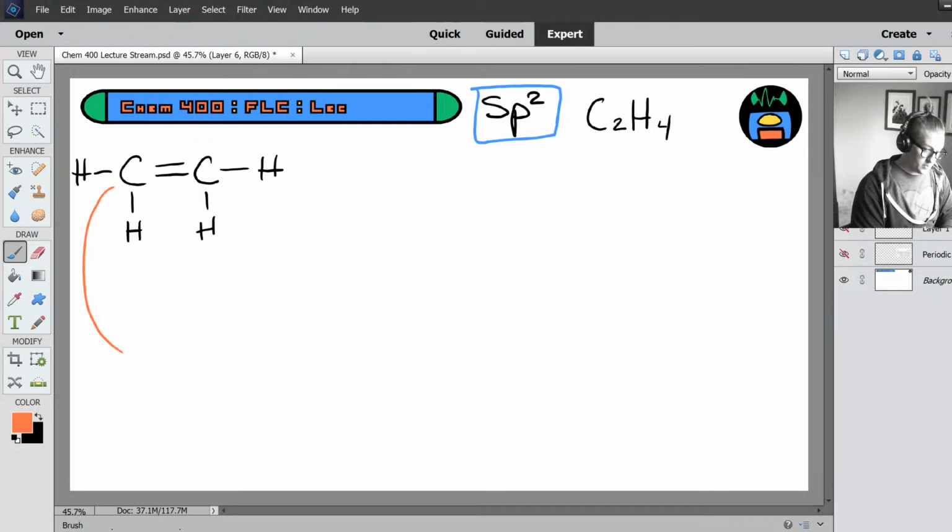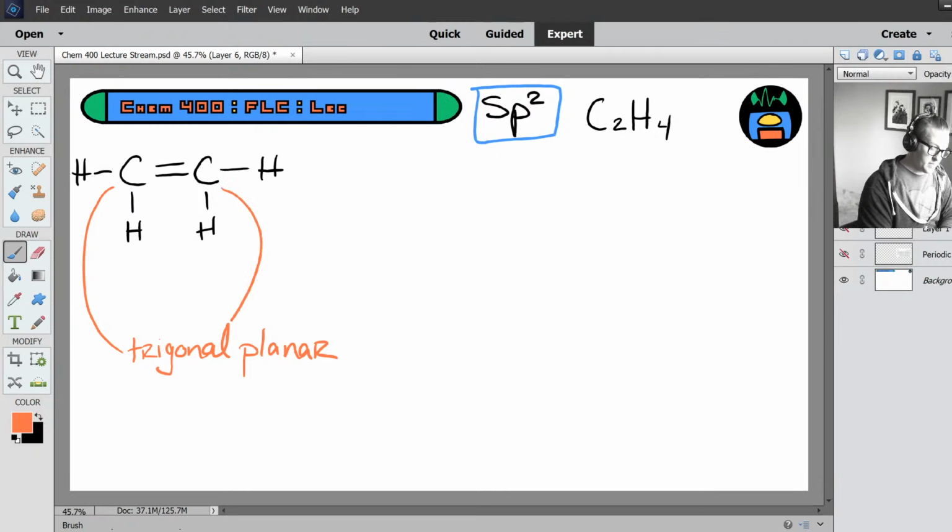So this would have the geometry trigonal planar, because it has 3 atoms, no lone pairs, directly attached to that carbon. And when you look at this carbon, you see the same thing, that it has 3 atoms directly attached to it. When you have 3 electron groups around your atom, it'll have a trigonal planar geometry.